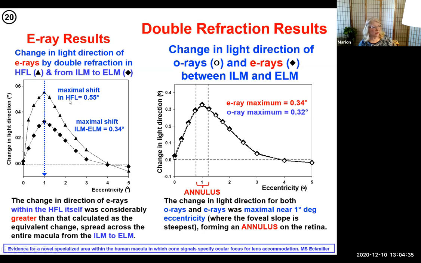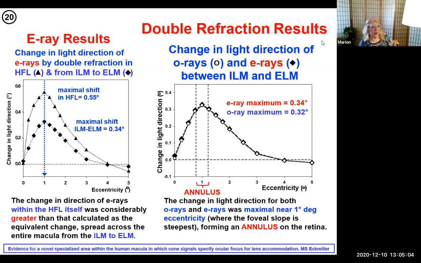If we look just within the HFL, the maximum shift winds up being conveniently occurring at 1 degree eccentricity, and that is a shift of something like 0.55 degrees. And the maximal shift of the E-ray across the entire ILM to ELM is only about 0.34 degrees. So we have to reduce it down to here.